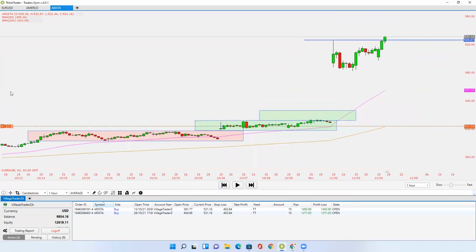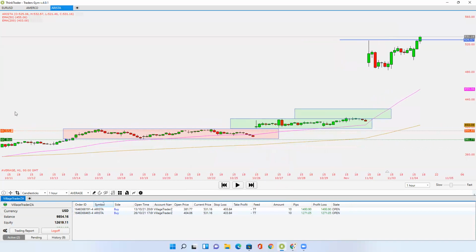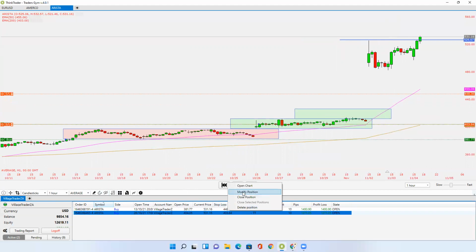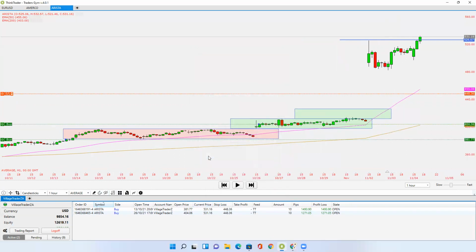So I'm going to raise my stop loss just enough to have the 50-day EMA protecting me. 448.36. Okay, let's hit that.